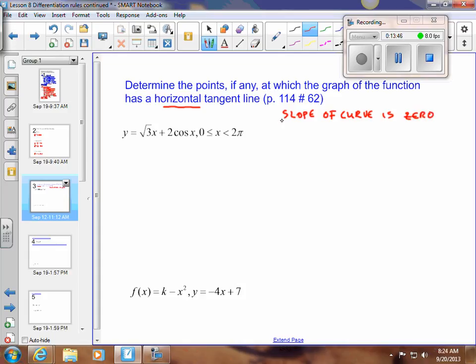Horizontal lines have a slope of 0. A tangent line to a curve gives you the slope of the curve at that point. So if I want to find these points, I need to set the first derivative equal to 0 and solve for x.